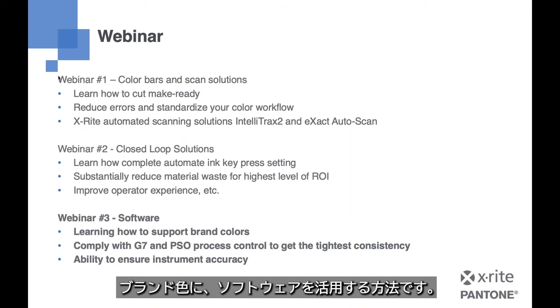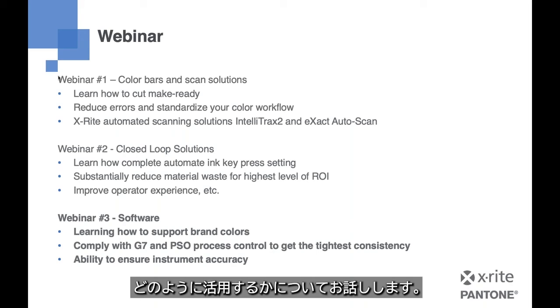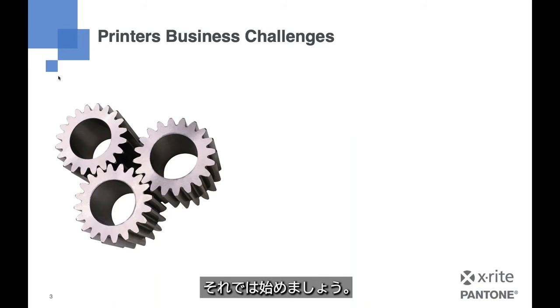I will speak about how you can use this software with brand colors, how to work with G7 or PSO process control for those, but also how to ensure that your instrument measures accurately. So let me start.